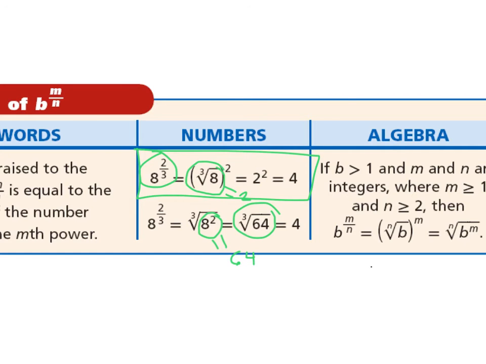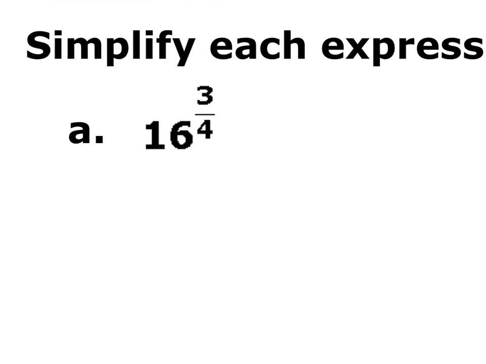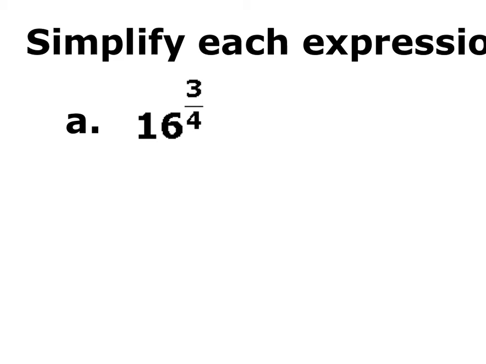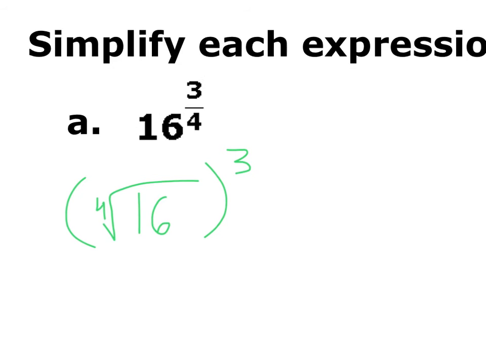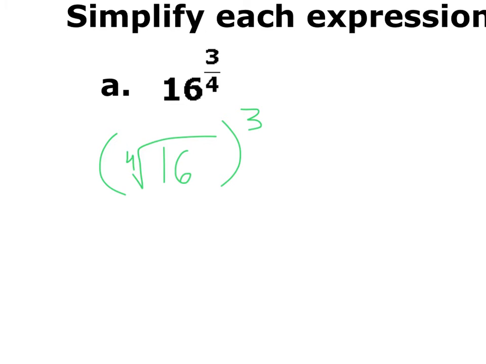So let's do some examples. Simplify each expression. We can rewrite this as the 4th root of 16, and then this answer cubed. So for the 4th root of 16, what are 2 factors of 16? 4 and 4. We need 4 numbers to circle, so we need to break this down more.